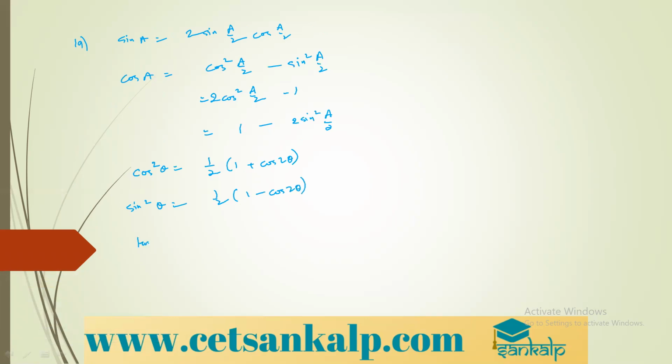And tan square theta is 1 minus cos 2 theta by 1 plus cos 2 theta.